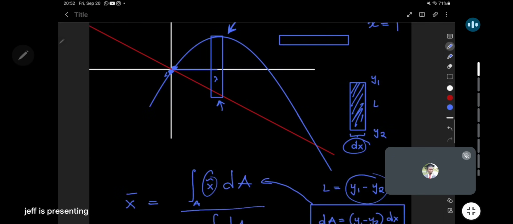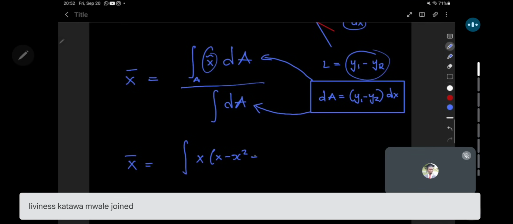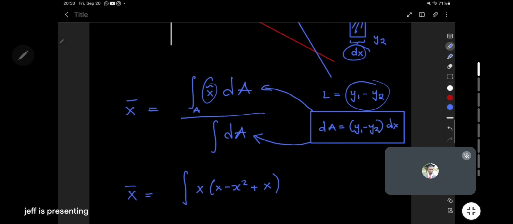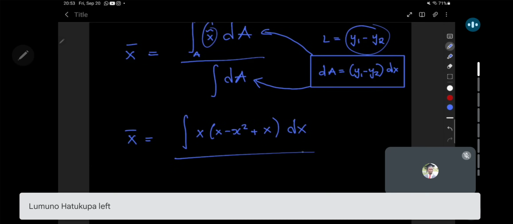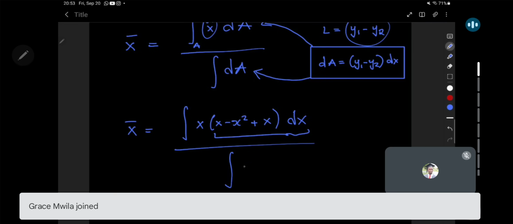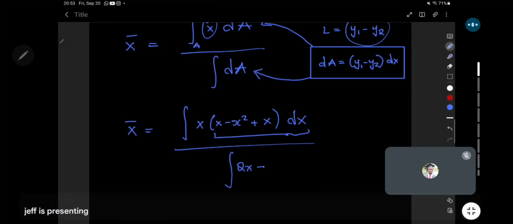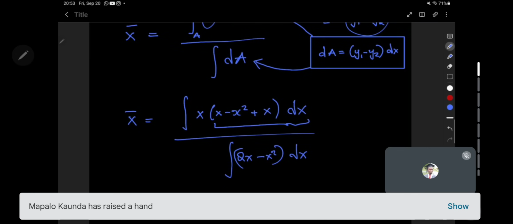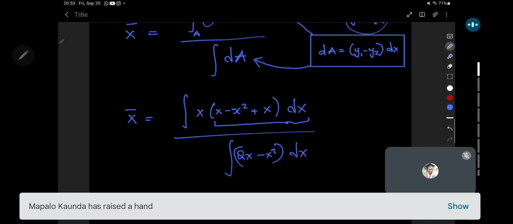Because that is minus x, this just ends up being positive x. And then dx here. So this is over dA. dA again is just that expression, so that is just this part here. So x and x will give us 2x minus x squared dx.